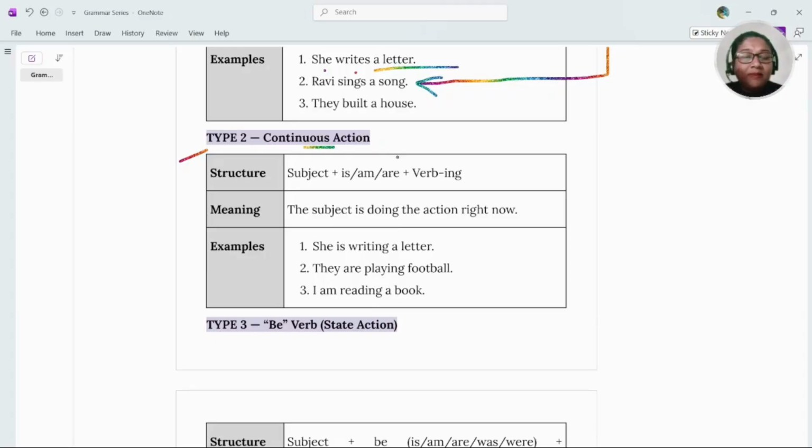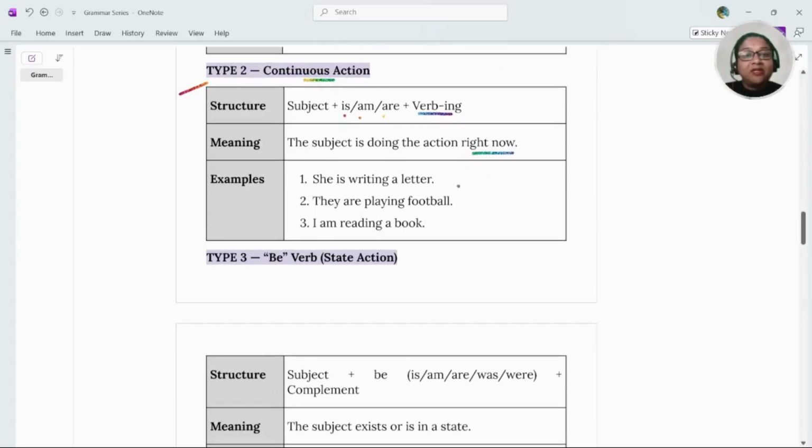Obviously, your verb is taking the ing form, right? That's all. So your structure is subject, your auxiliary verbs change here. So it is, am, are plus verb in the ing form. So the meaning is the subject is doing the action right now because it is continuous, it's going on.